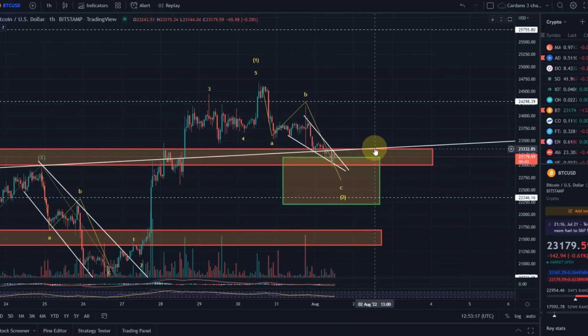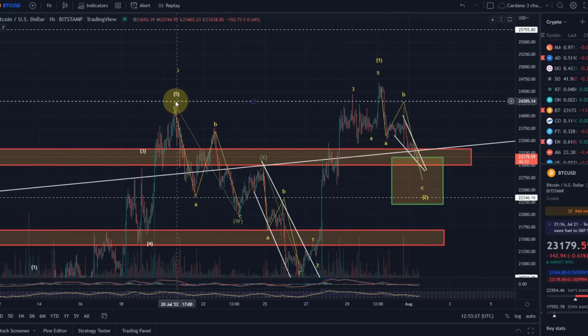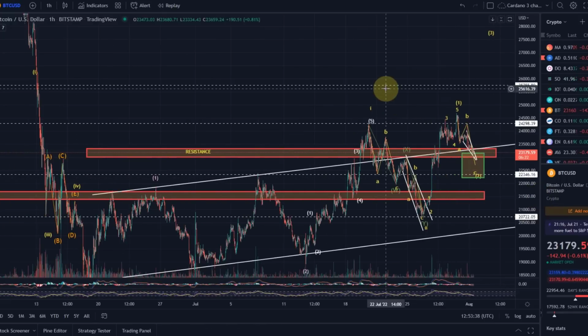Going forward, a move above this wave B high will be a strong indication that we are moving higher. But as I said in the previous video, it's not only that, it will also be this wave 1 high. So it's probably worth waiting for the 24.3k level to be broken to get confirmation. We are still, in my opinion, in an uptrend.